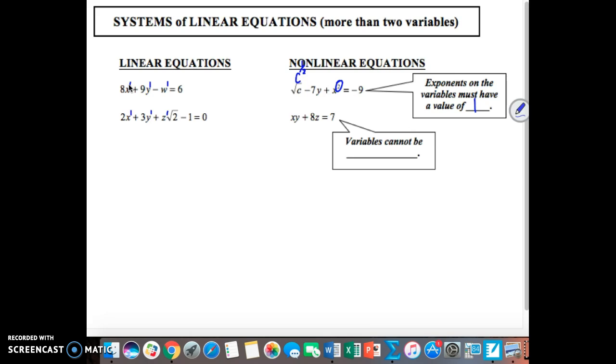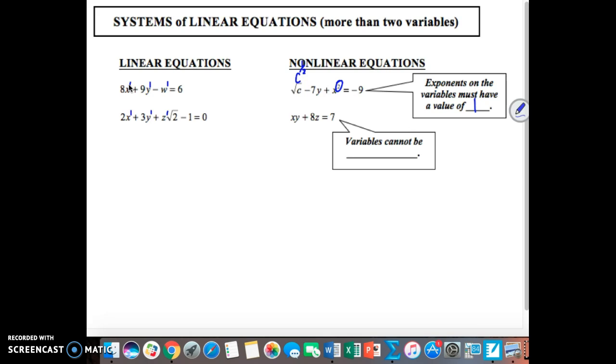This is just because we will have different domain restrictions. We would end up with positive and negative numbers when taking the square root of something. So it's a little more difficult to solve for exponents that are numbers other than 1.